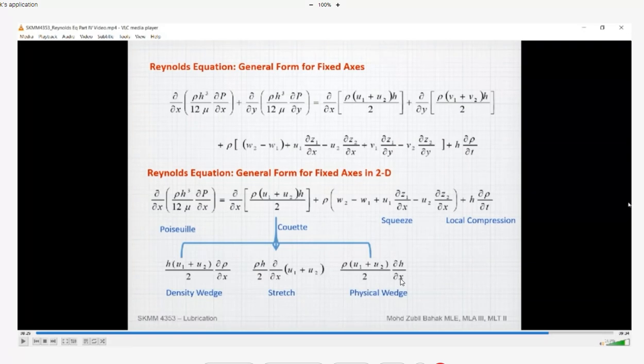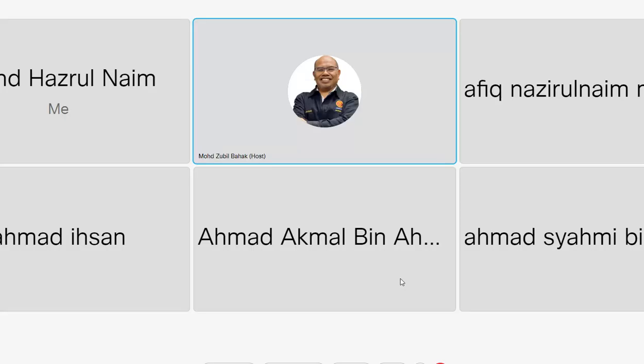So we go for the last part of this Reynolds equation, which is video number 5. We try to create the last equation, the simplest equation, not the long, long equation.